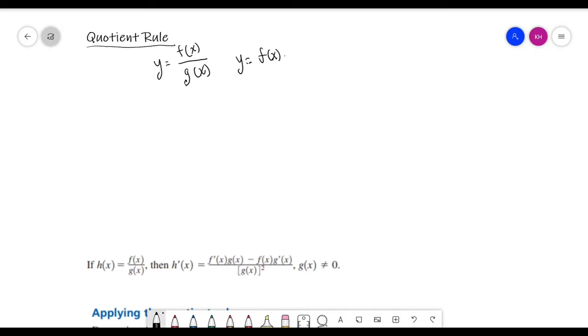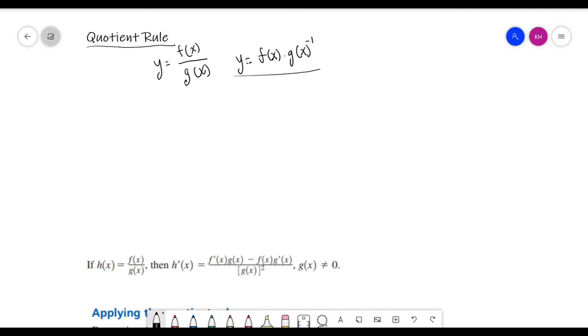So I can write it like this: g of x to the power -1. And now that I have the function y as a product of f of x and g of x to the power -1, I can apply the product rule in this one.